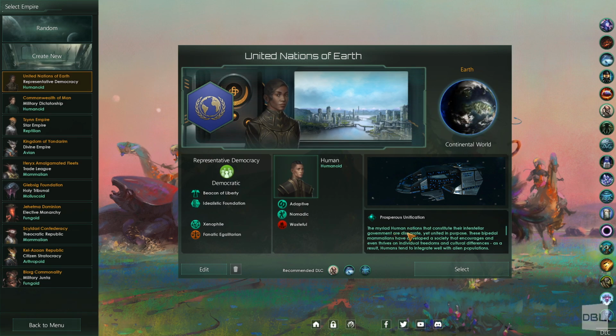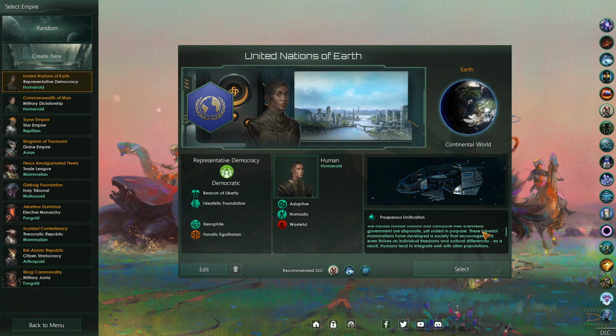Prosperous unification. The myriad human nations that constitute their interstellar government are desperate, yet united in purpose. These bipedal mammalians have developed a society that encourages and even thrives on individual freedoms and cultural differences.